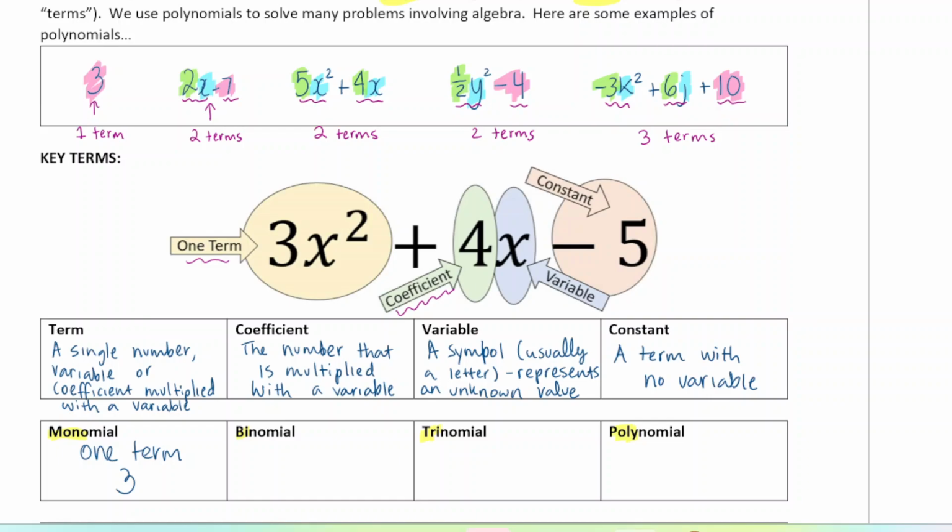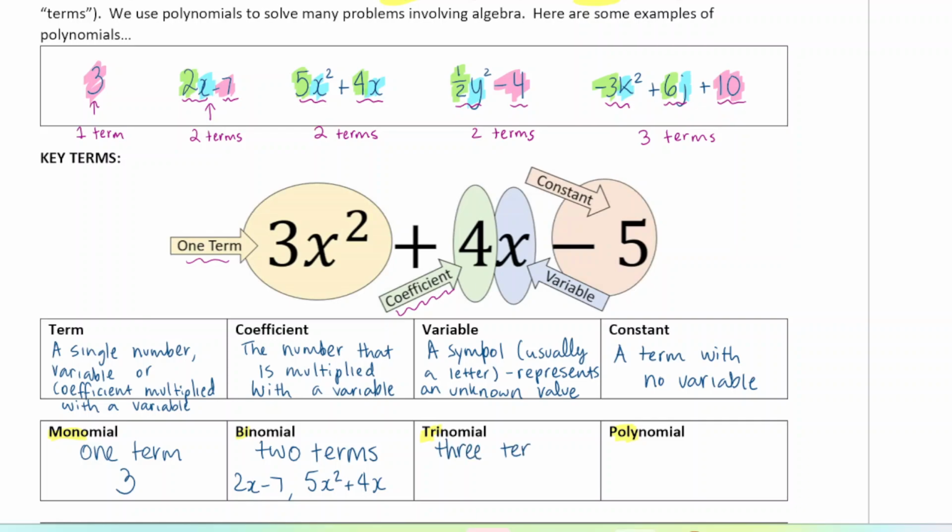A binomial, bi means 2, so it'd be a 2-term polynomial. We had a couple there with 2 terms. We had 2x minus 7, we had 5x squared plus 4x, and we also had, I can't fit it here, but half y squared minus 4. Those all have 2 terms. And then trinomial, the prefix tri means 3.